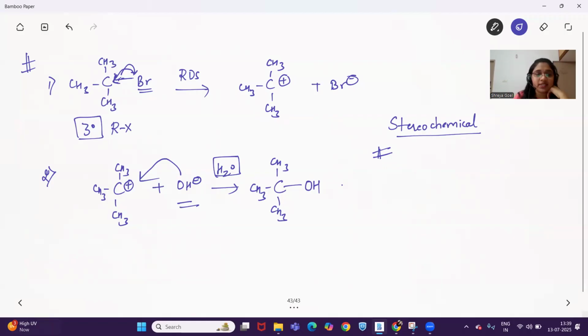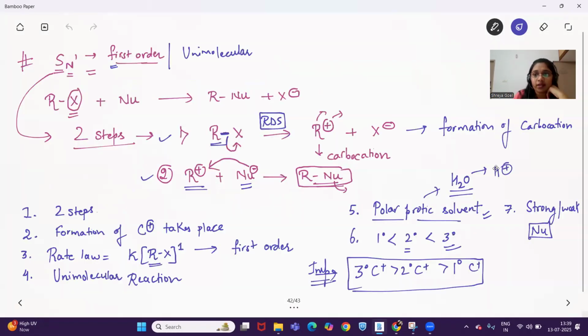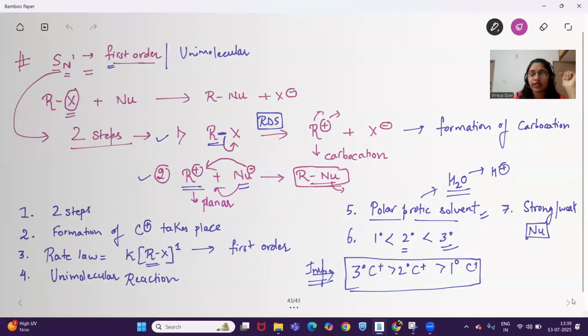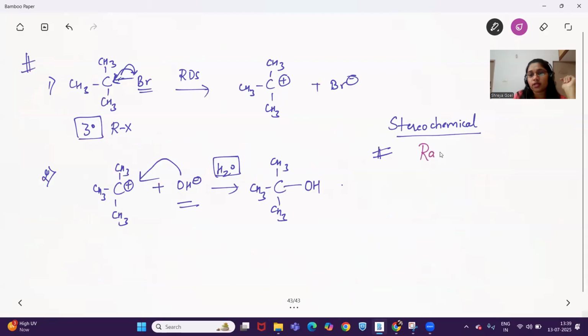As you can see here, the formation of carbocation is taking place, and you know, carbocation is planar. Its geometry is planar. So, the nucleophile can attack from above and below both, and that's why we will get racemized product here, or you can say racemization takes place here.